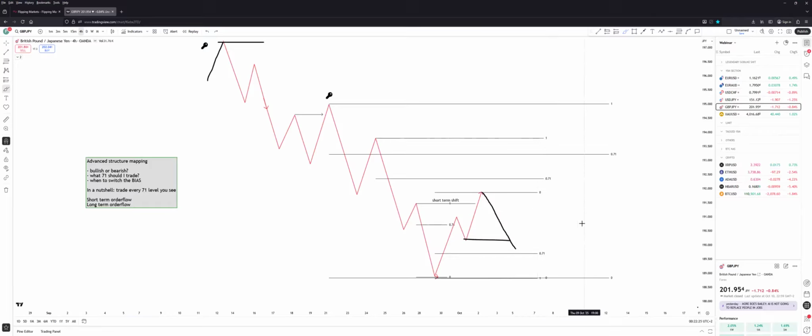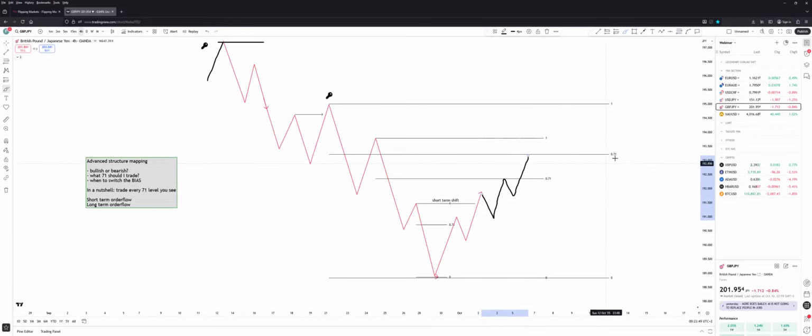Now, another mixed-up scenario, because I want to include every single structure mapping and 71 level marking scenario that might come up in front of you when you are trading live. What happens when price, for example, arrives into the 71 level, but then creates a pullback and goes deeper into the 71 level?